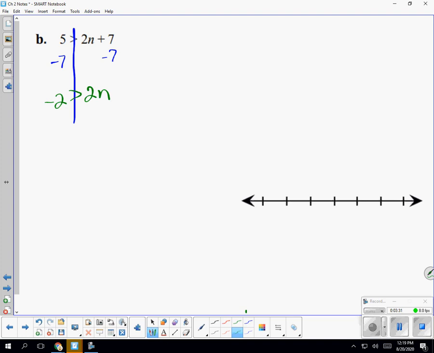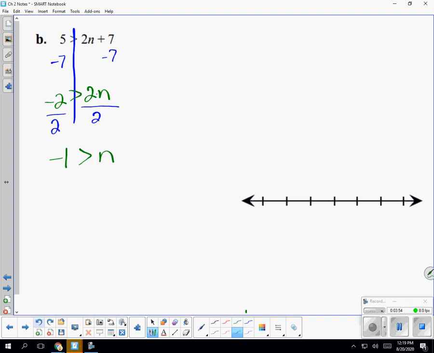Now we need to undo this multiplication, so we're going to divide both sides by 2. That gives me negative 1 is greater than n. Okay? We did not flip the sign because we did not divide or multiply by a negative. Even though we have a negative on this side of the equation, we didn't multiply or divide by a negative, so we did not flip the sign.